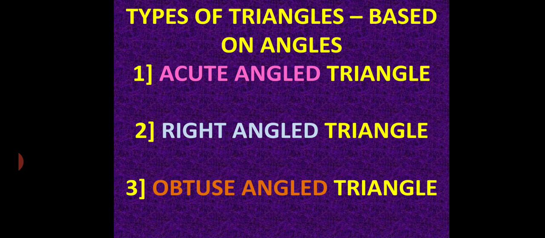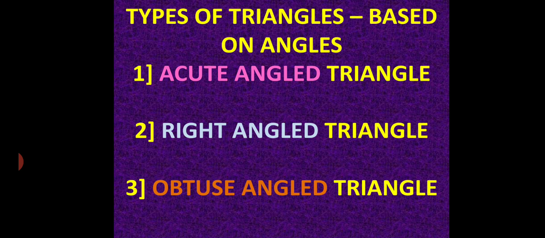Then in the right angle triangle, remember that out of all the three angle measures, one angle will measure 90 degrees. So when you find one angle measuring 90 degrees and the other two measuring less than 90 degrees, we call that particular triangle a right angle triangle.